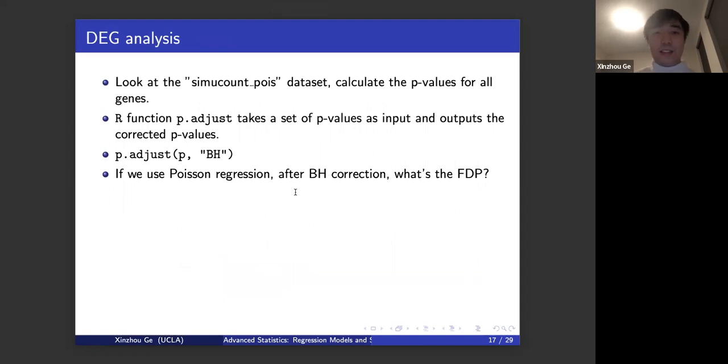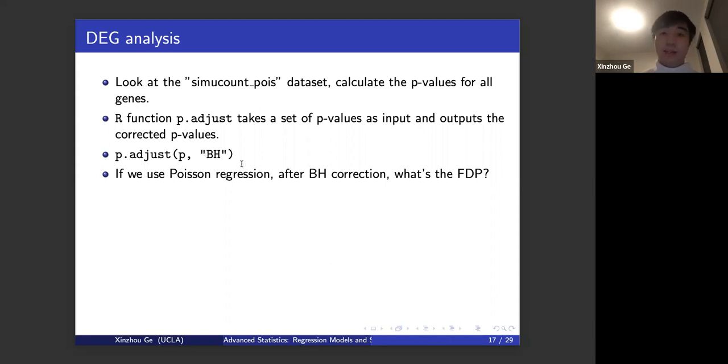Now we can use the dataset to see how the BH procedure works. We can still look at the simulated Poisson dataset and calculate the p-values for all the genes, and we can use the p.adjust function but change the method argument to BH to do the BH correction.